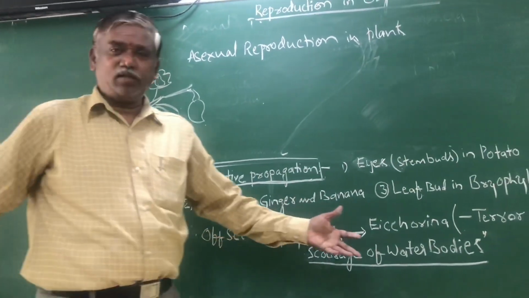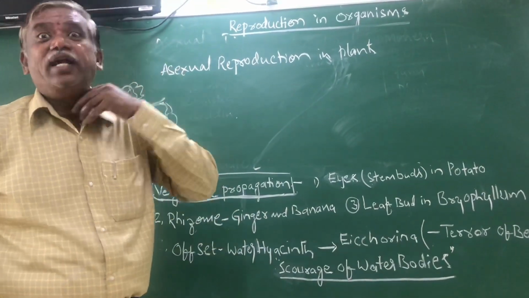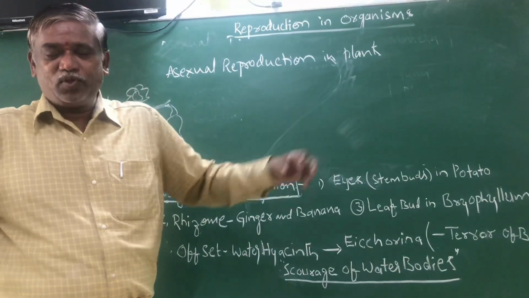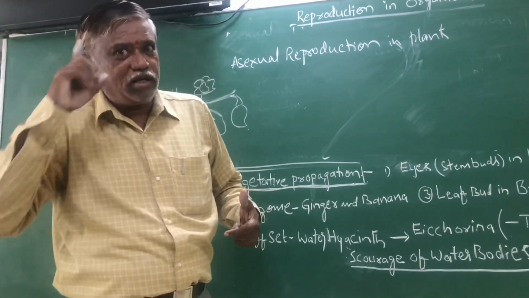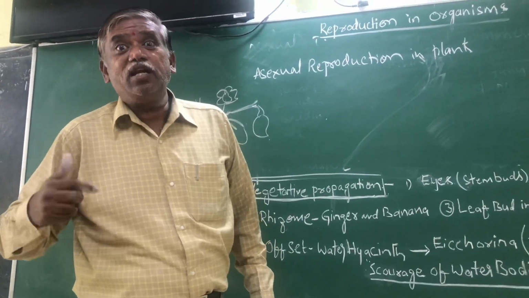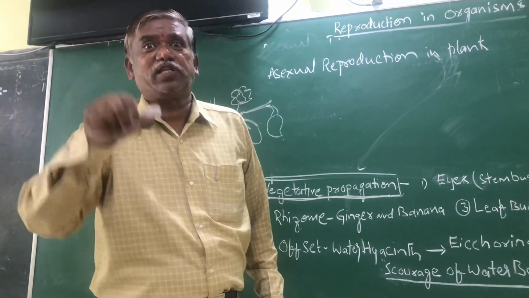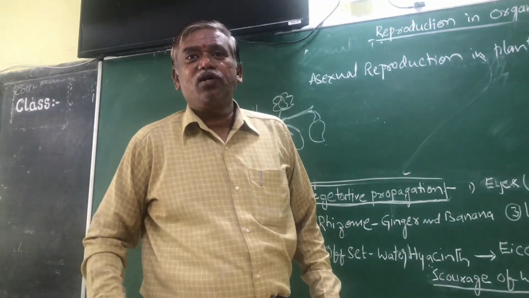Now, it is our body. This body also contains parts: head, neck, trunk, 4 limbs. Now this multicellular body, be careful, is made with 2 types of cells: somatic cells and germ cells.